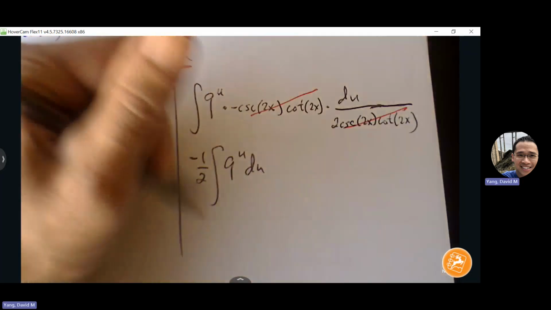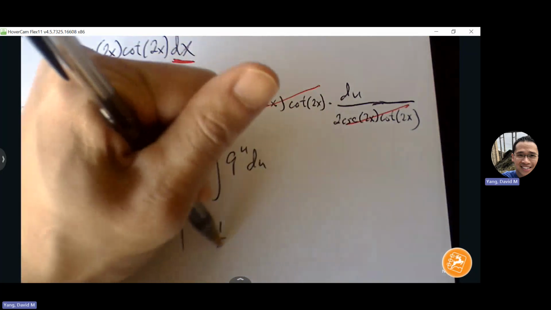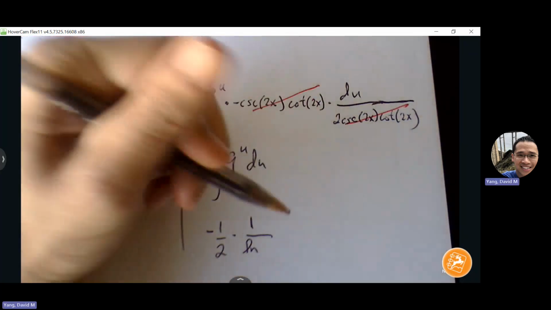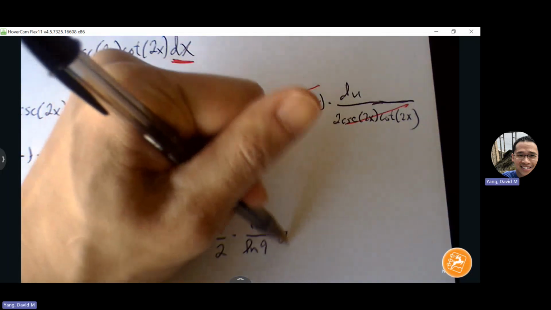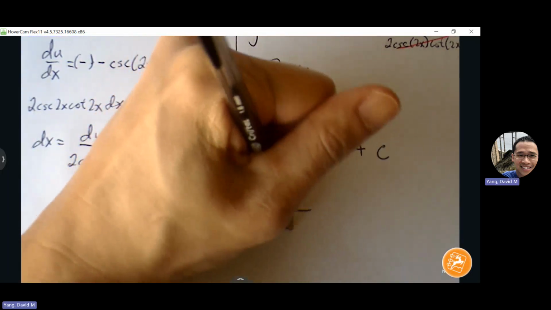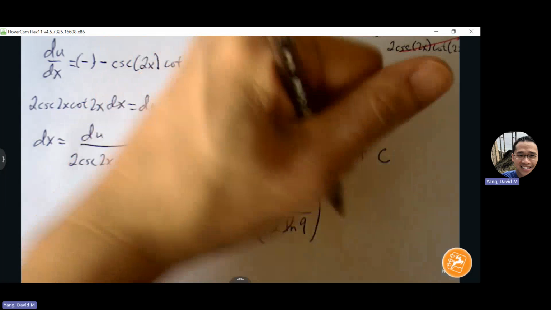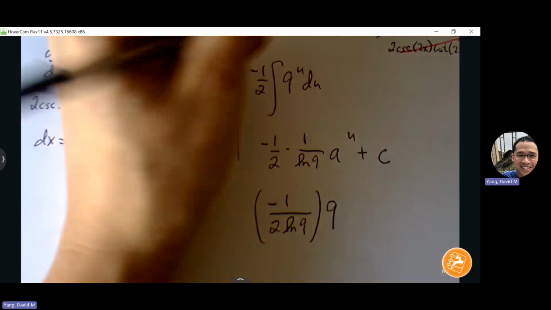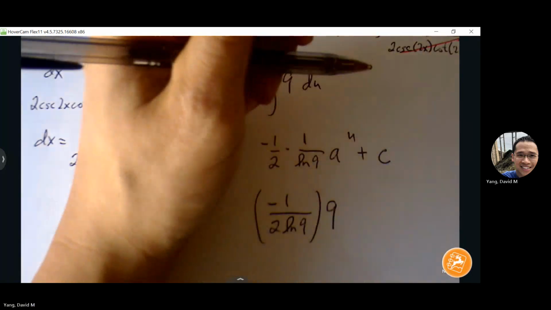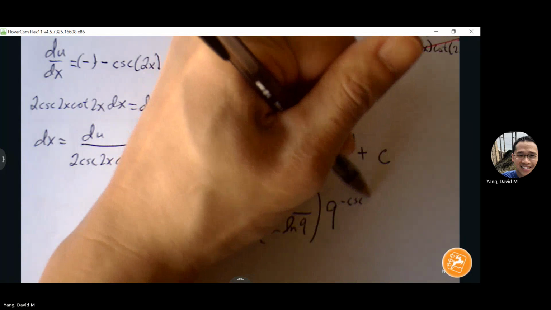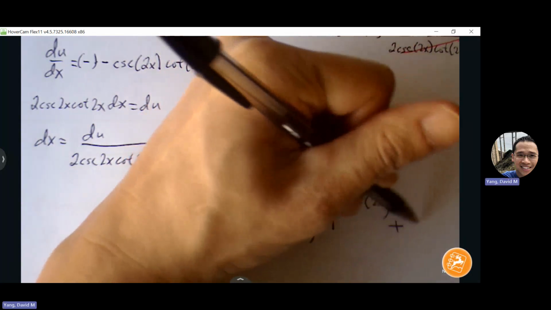Okay, so our rule is a to the u, so the -1/2 stays. 1 over natural log of a, so 1 over natural log of 9 times a to the u plus c. I can do a little bit of cleanup here. That's my coefficient. A to the u, that's 9 raised to the u. Plus c.